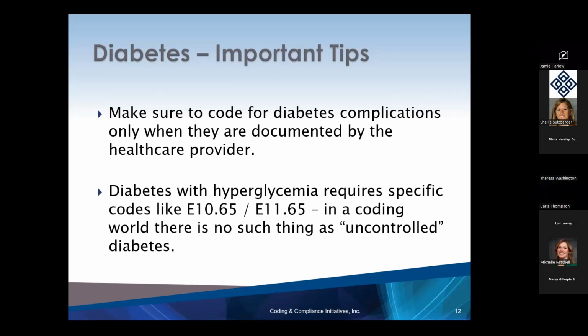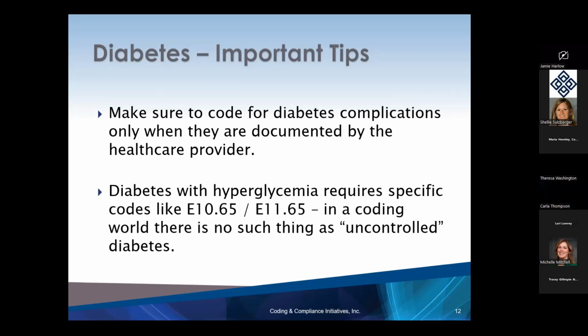We also want to make sure that we code for those complications when they are documented by you as a provider. So lately, I'm hearing a lot of coders ask the question of, Shelly, my provider's always reporting E11.9, diabetes without complications. However, when I'm looking at the notes, it says either maybe the patient's uncontrolled, or it'll say the hemoglobin A1C today is 10.